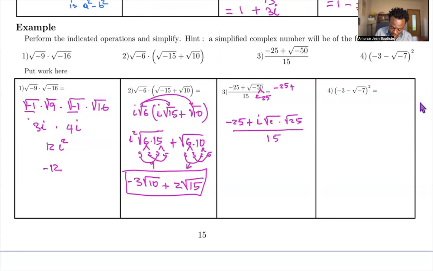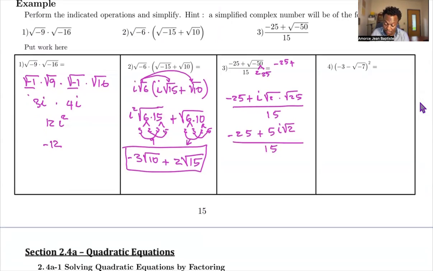So that's -25 plus, that is 5i square root of 2 over 15.